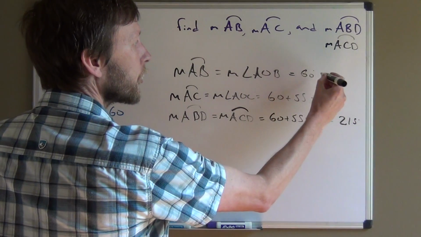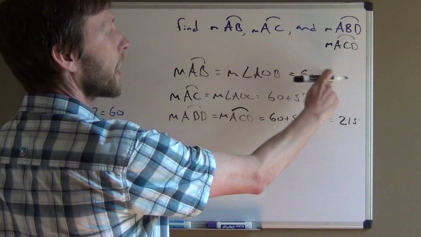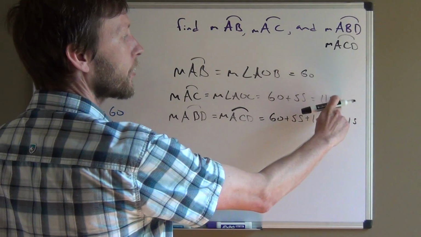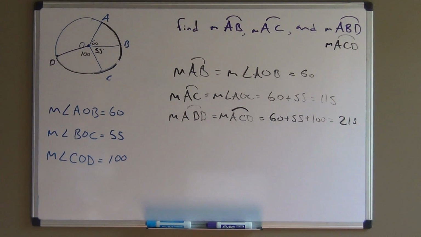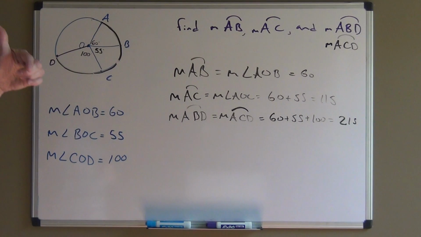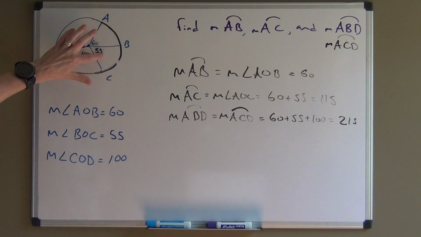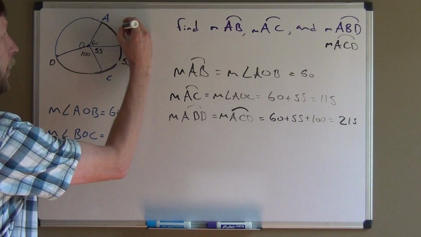Now you can put the little degree symbol in here, but in this class we understand that we're using degrees, so if you forget to use that or decide not to use that symbol, then I of course know what you are talking about. When we are finding the measures of arcs, of any arc, we are going to use the measure of the central angle to talk about how these are the same measures.